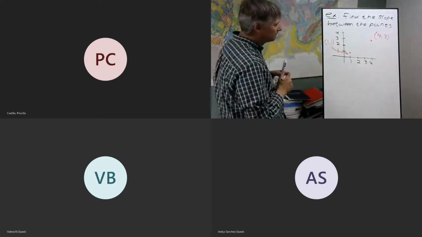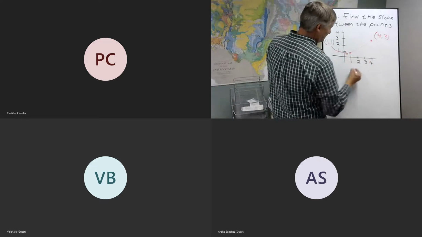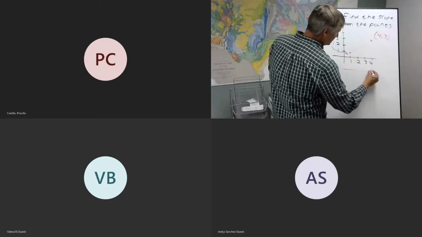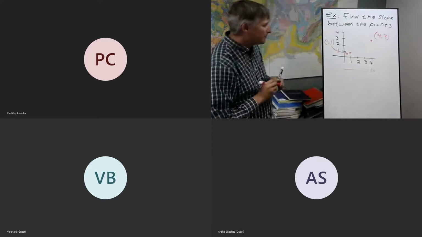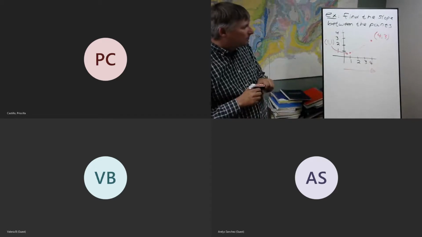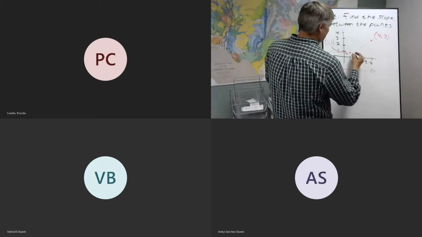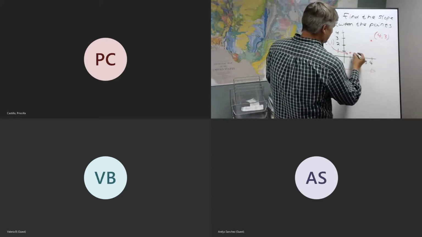And 1 and 1. So as we go left to right, and that's how we always evaluate slope. We evaluate it left to right. Well, how do we find the slope? Well, let's construct our triangle. We can do this.